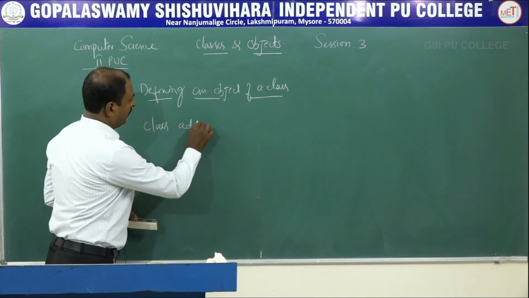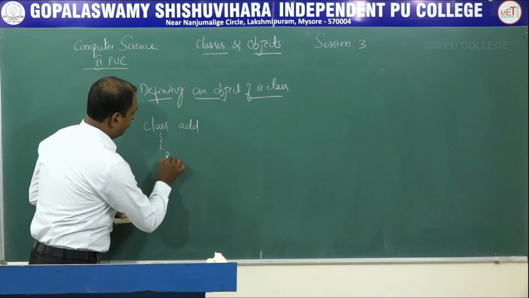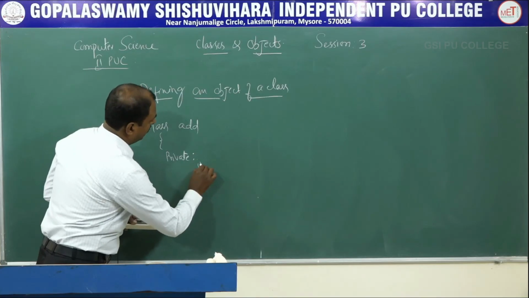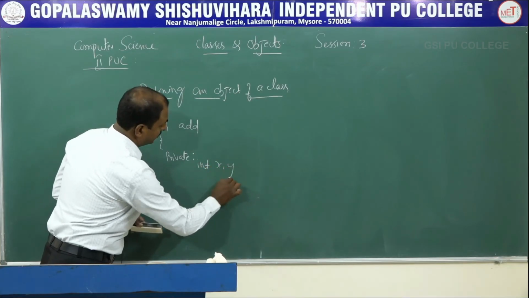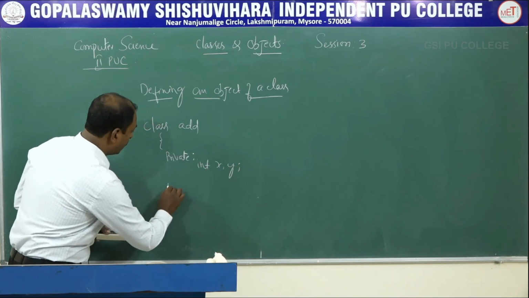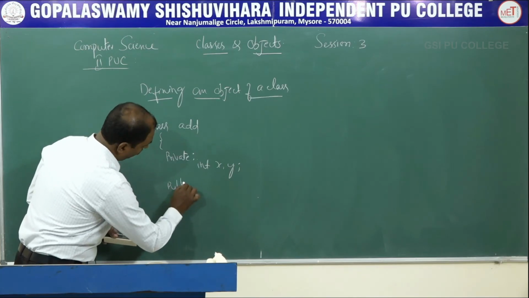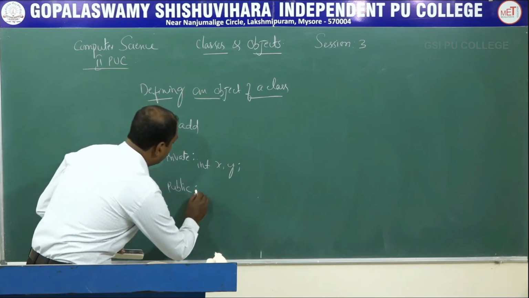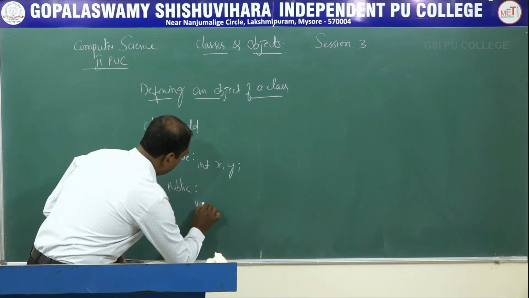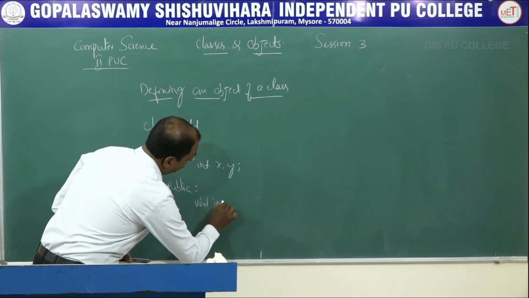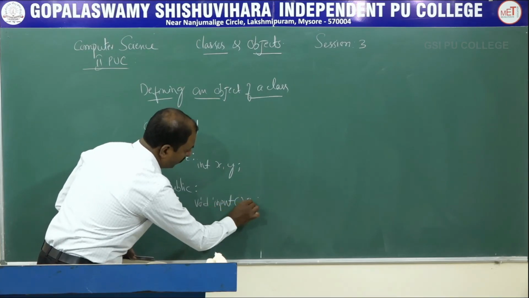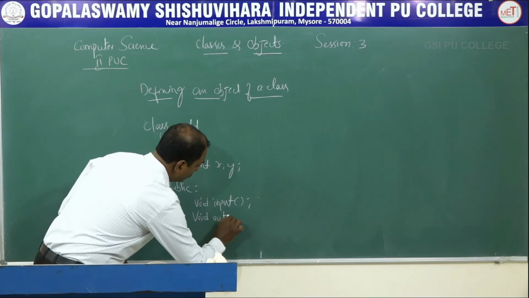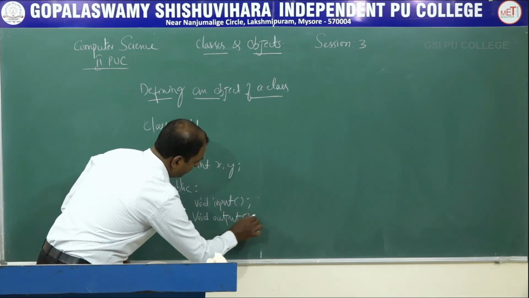Class add, under private int x comma y, and under public, void input, one function, and void output is another function.